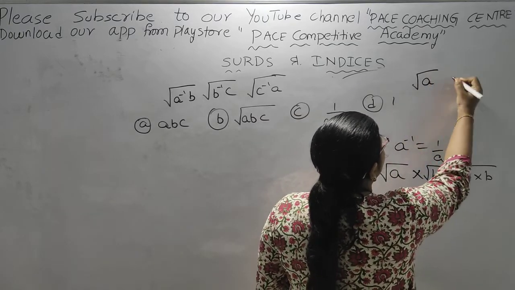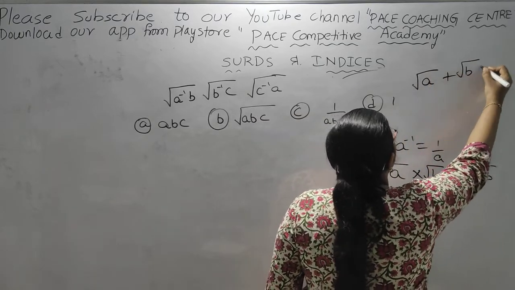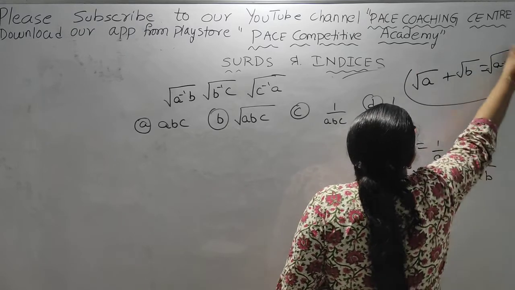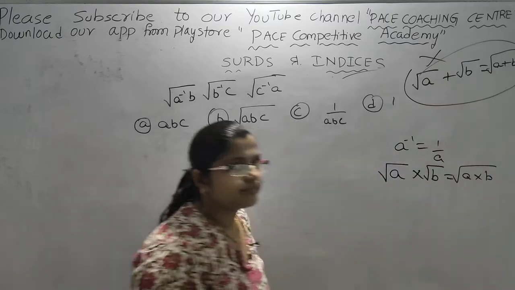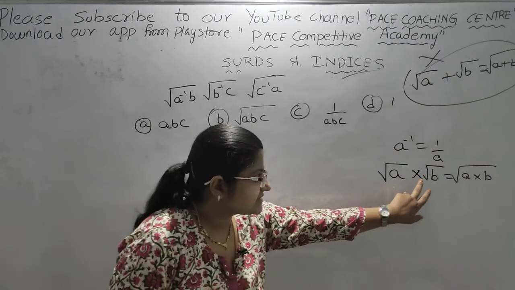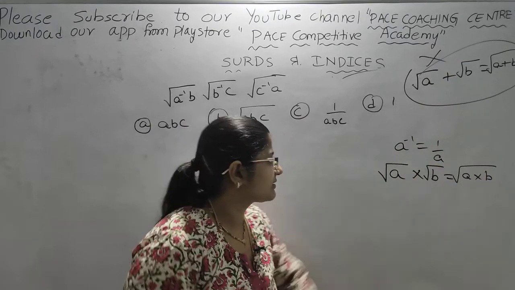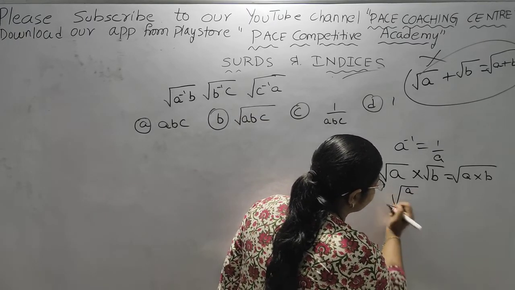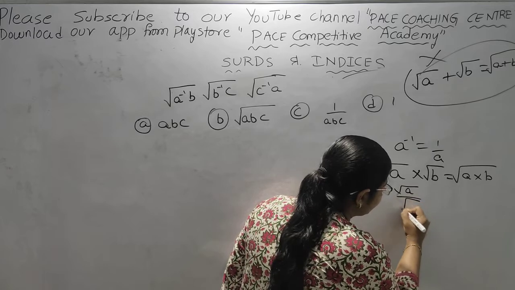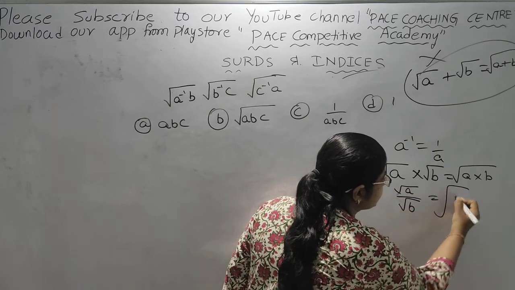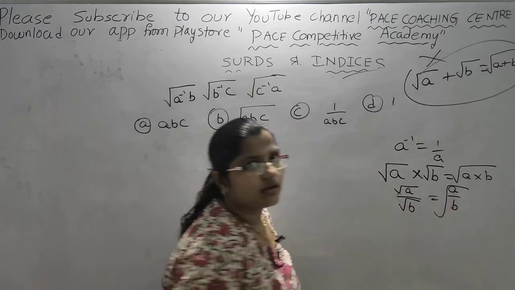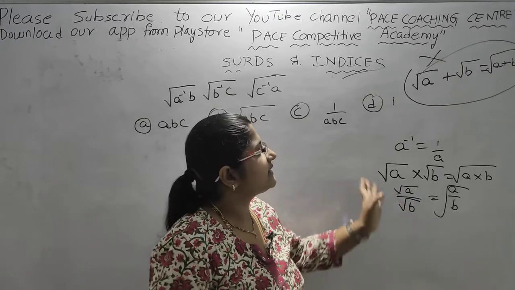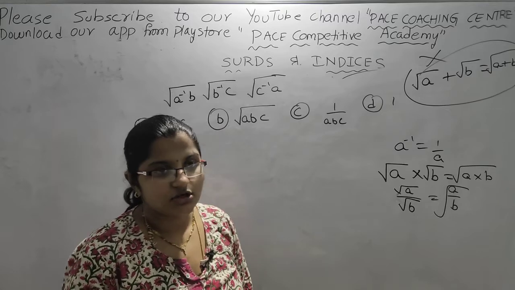Root A plus root B is given, you can't write this as root over A plus B. This is absolutely wrong. If the multiplication is given, then you can write like that. And similarly, for example root A divided by root B is given, then you can write it as root over A by B. But if root A minus root B is given, you can't write it as root over A minus B, which is also wrong.